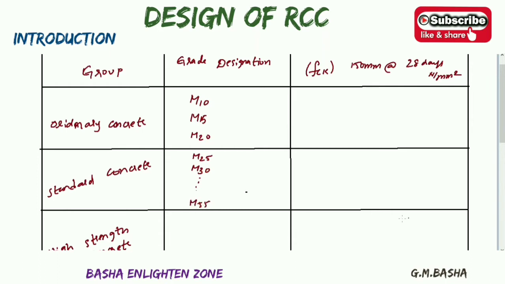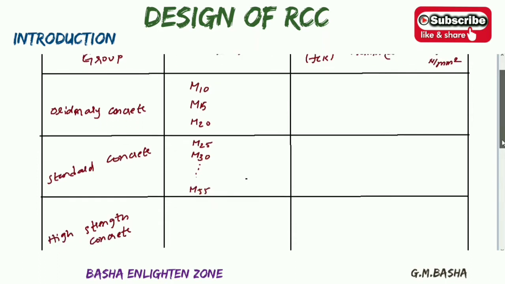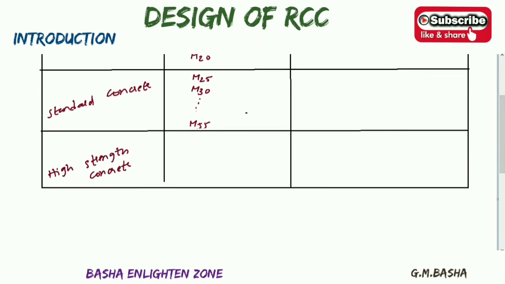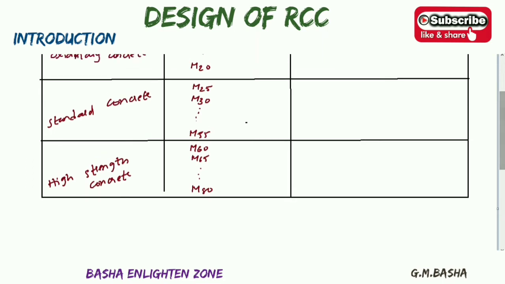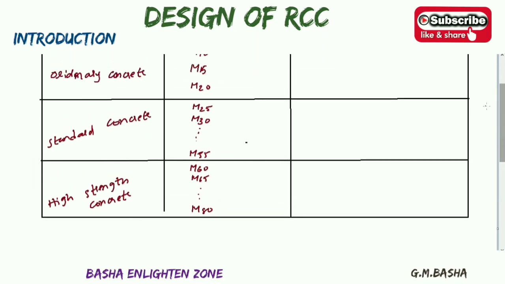So these are the grade designations which come under the standard concrete. And again here, taken from M60, M65, like that M70, 75, and again up to M80. So increase by 5 numbers here also: 25, 30, 35, 40, 45, 50, 55. Like that these are the grade designations which come under this concrete.